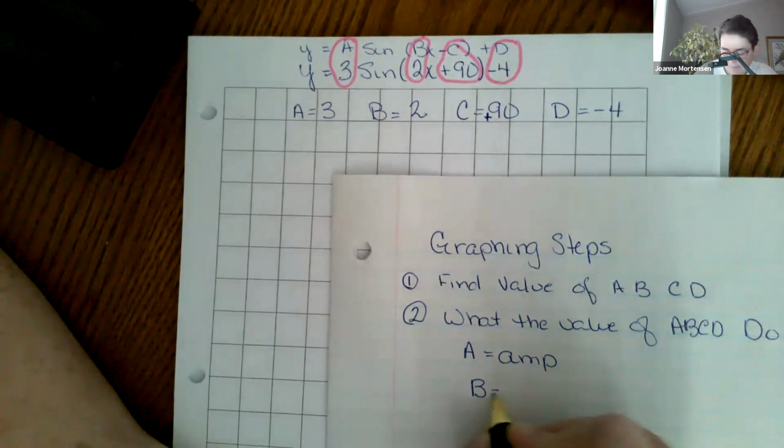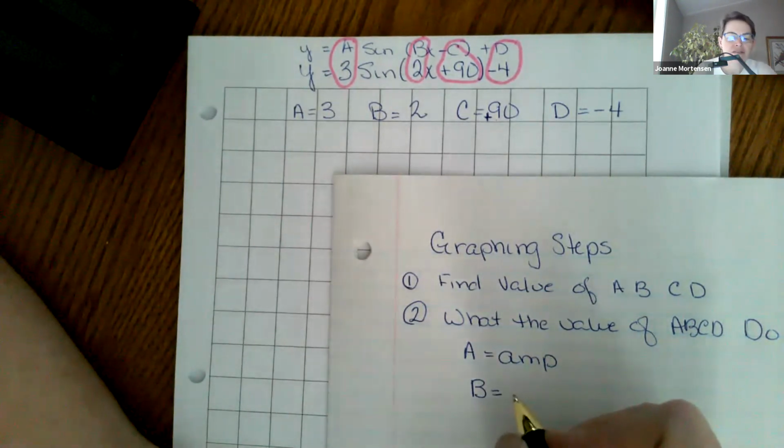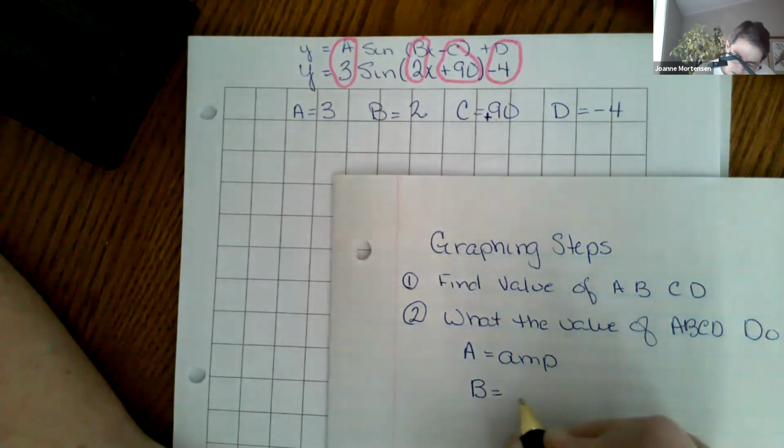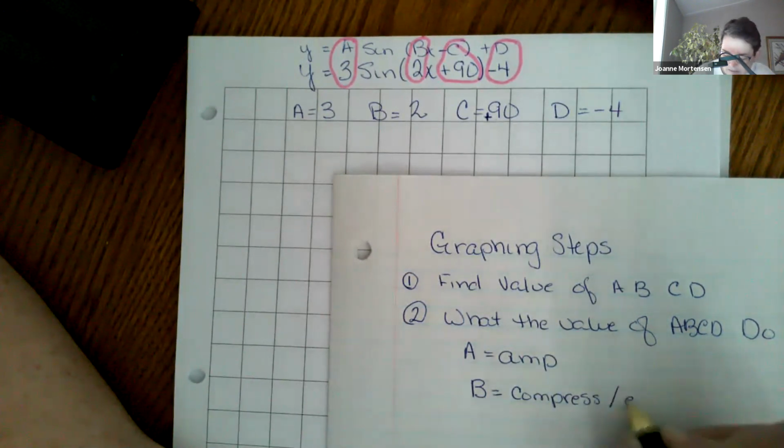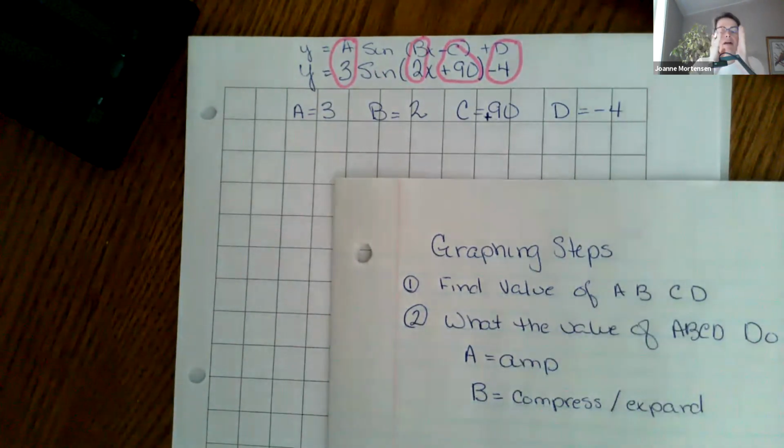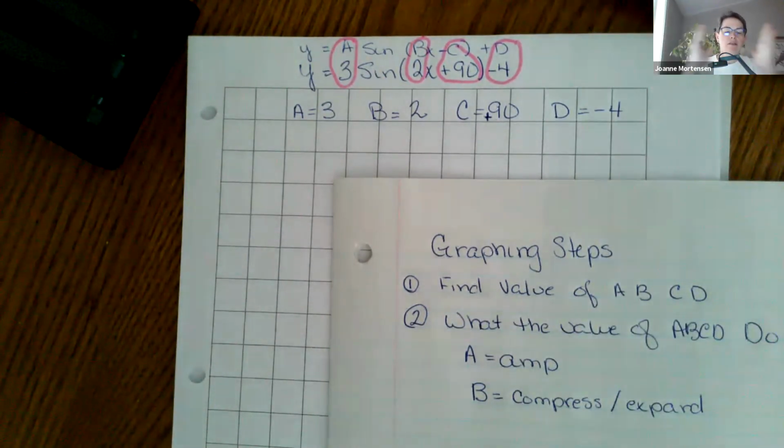B, you know what, I'm going to have to Google what it stands for, but I'm just going to write compress or expand. Remember, it either takes your graph and makes it longer or shorter.